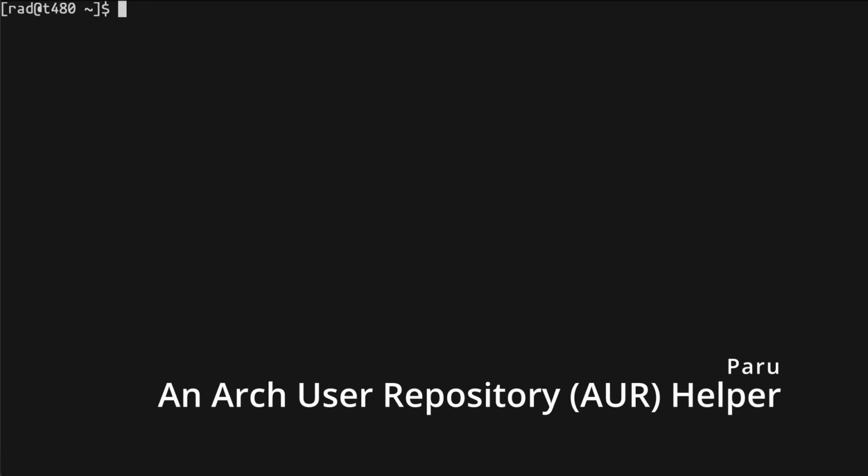Okay, before we proceed any further, we're going to install a package helper. I'm going to use Paru, and you can use Yay if you want. But the way that we're going to install Paru is we're going to actually build it.